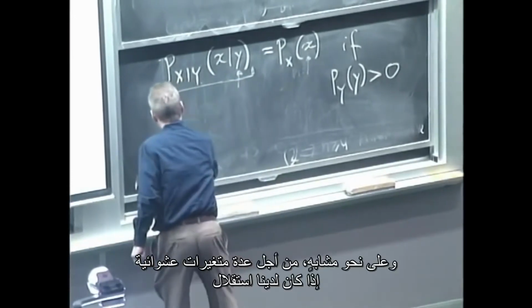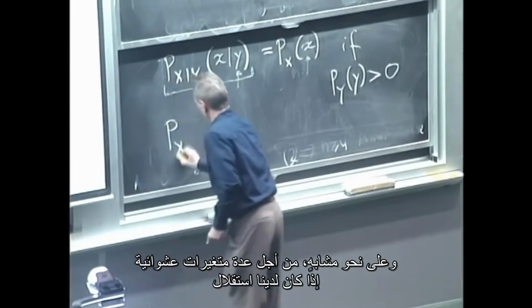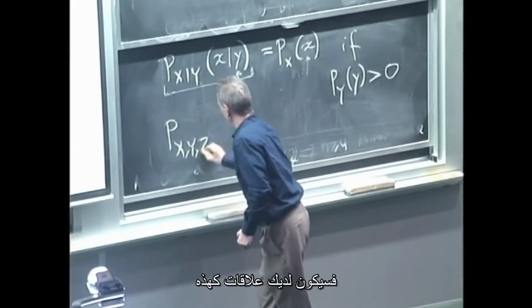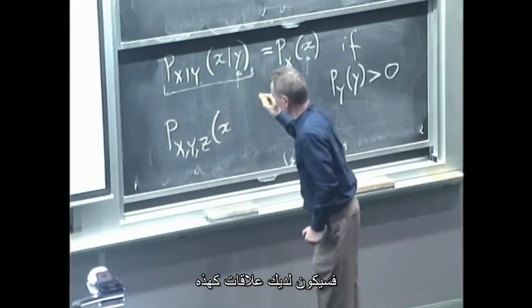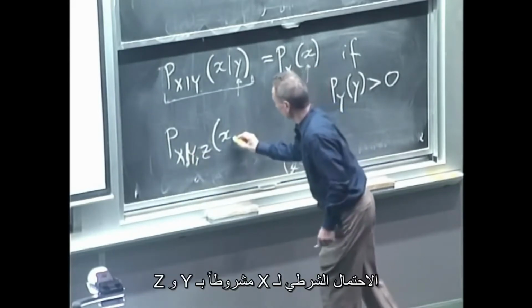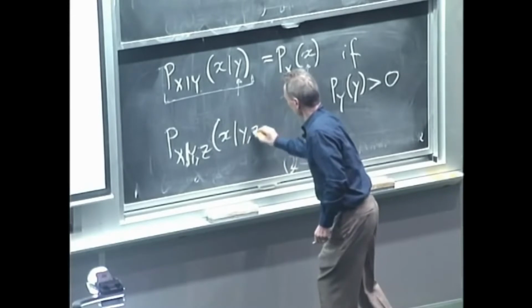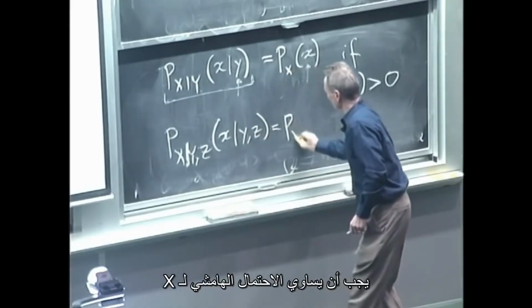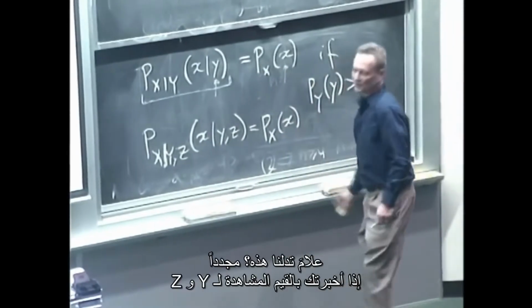Now, similarly, with multiple random variables, if they're independent, you would have relations such as: the conditional of x given y and z should be the same as the marginal of x. What is this saying?